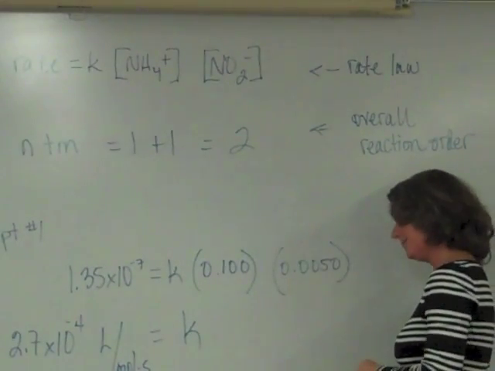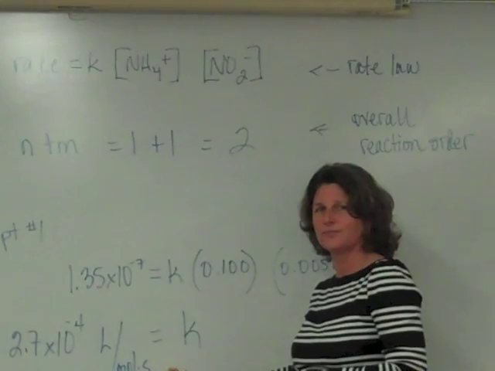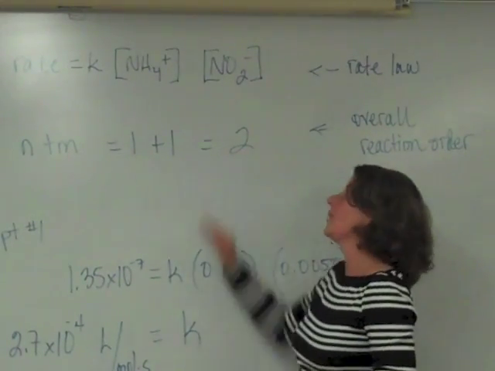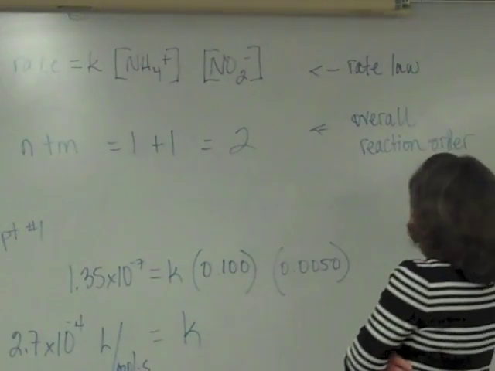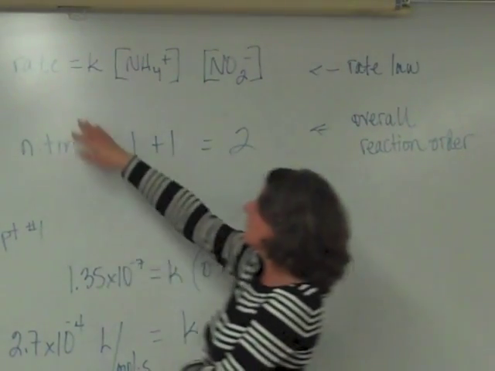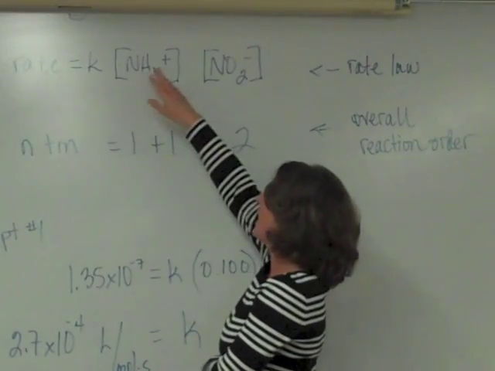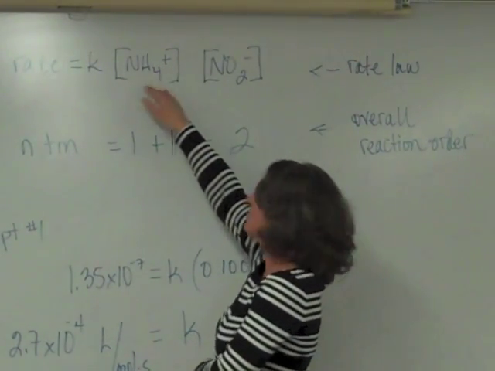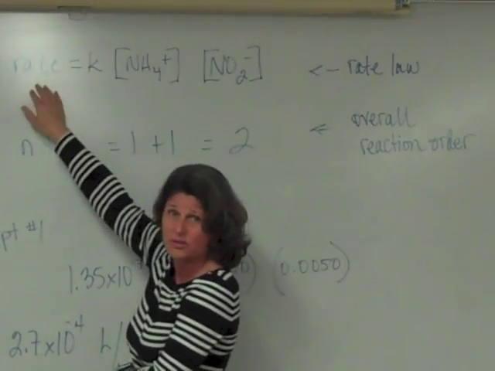And that is k. All right, so now that we've got the rate constant and we know the rate law, look at all the things we can do. We can say, well, if I want this particular rate, and I've got this concentration of ammonium, what concentration of nitrite do I need in order to get that rate?